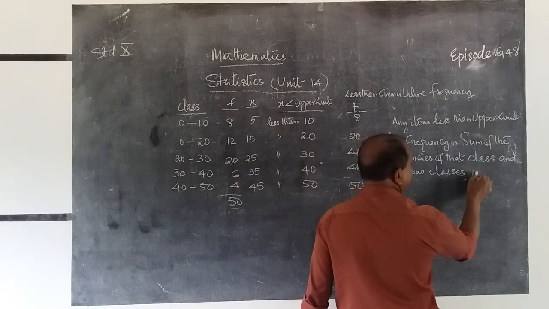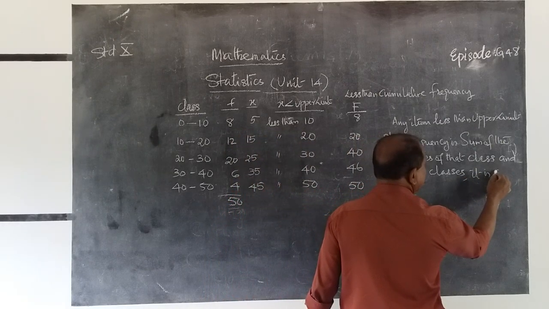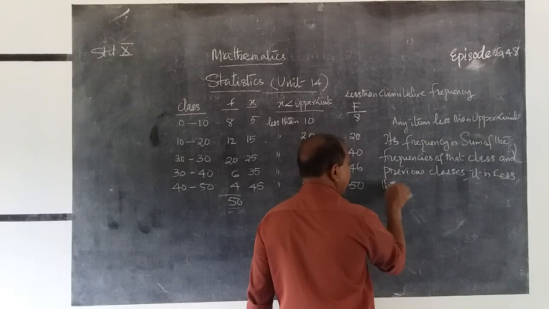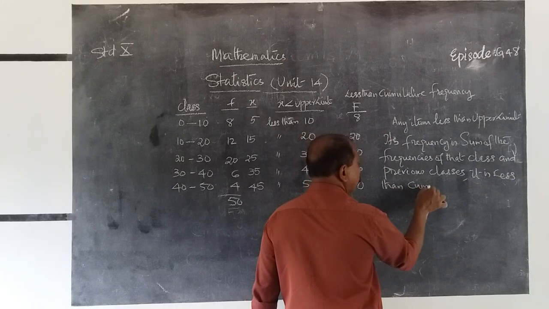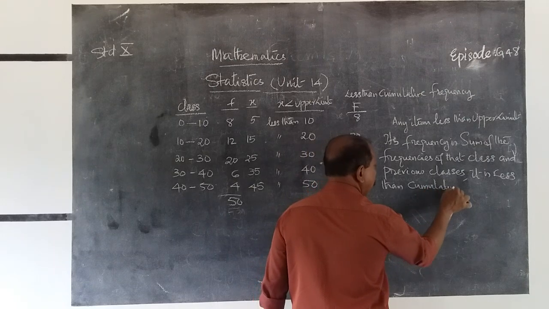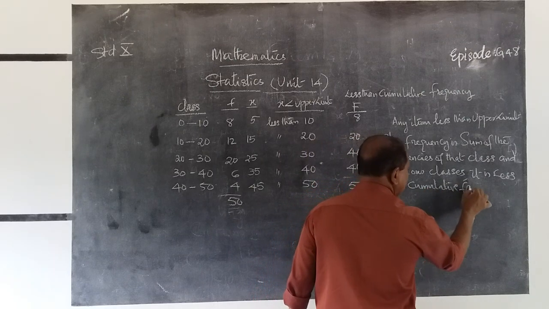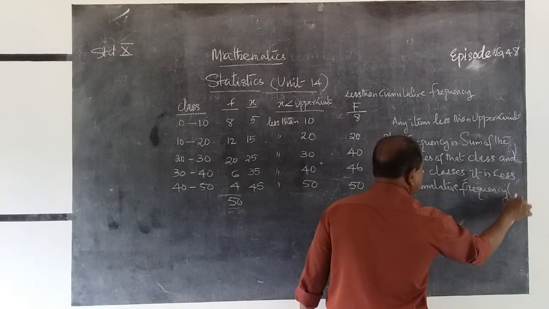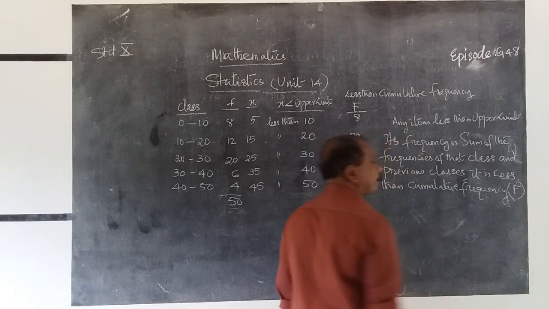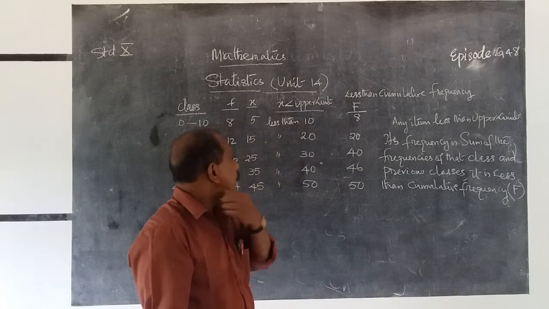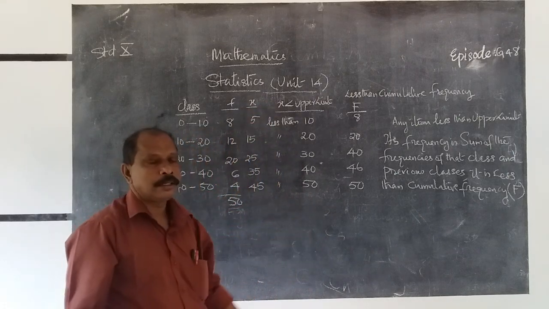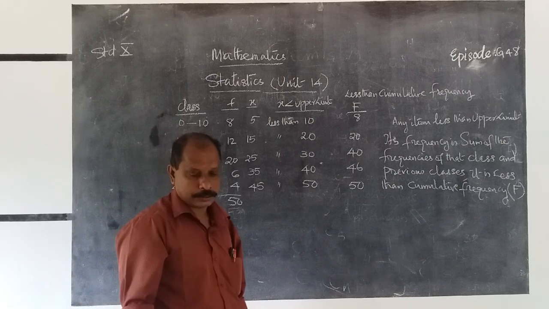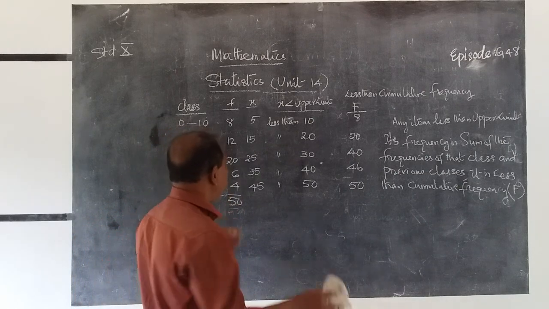Comma, it is less than cumulative frequency. That is capital F. Therefore, these values are less than cumulative frequencies. Clear?